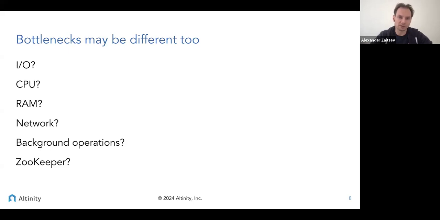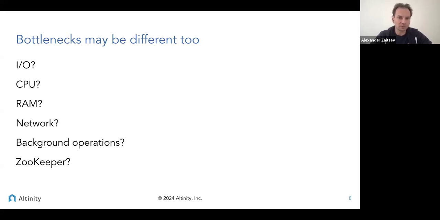It could be I/O, and this is the most typical case in databases for decades, because databases are data intensive, and I/O is often a bottleneck. But it could be also CPU if you have a lot of computations. It could be RAM if your query needs to do a lot of manipulations in memory, like joins or aggregations. It could be network if your query has to read a lot of data over the network.